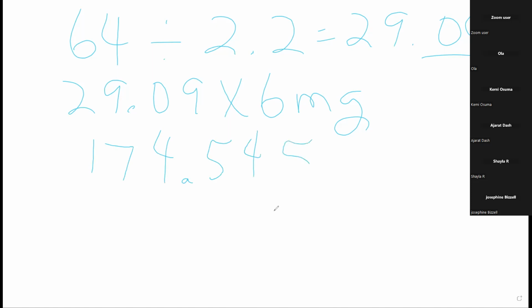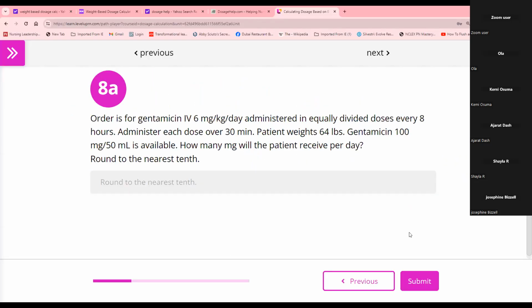And that gives us 174.545. I'm going to put that there. Milligrams per day, right? Most of the time it's going to ask us to round this here. Let's see what it asks us to round to. Okay, they want the nearest tenth.